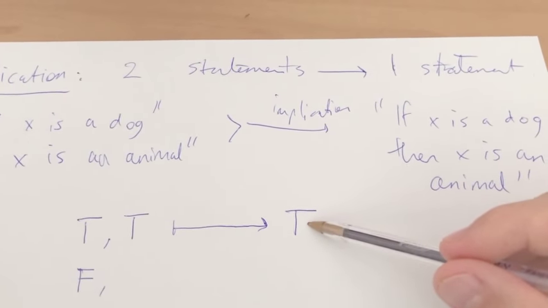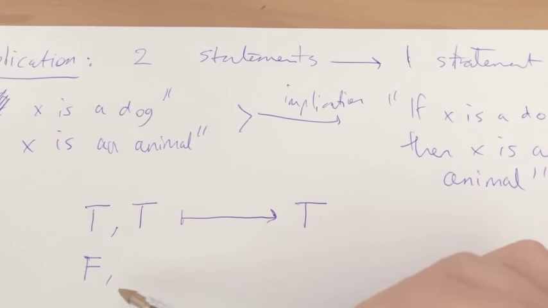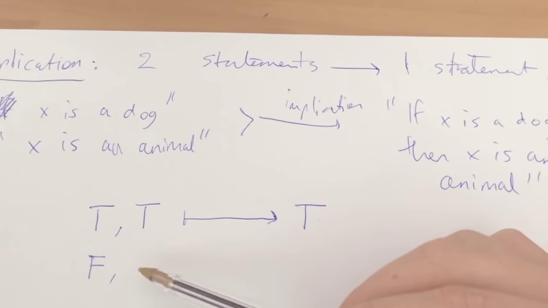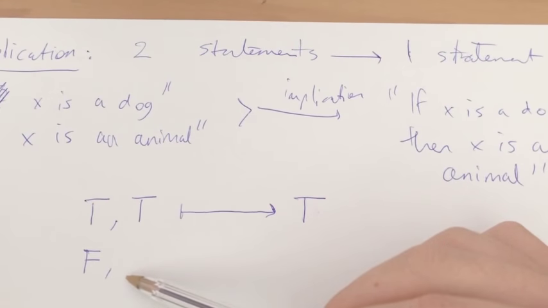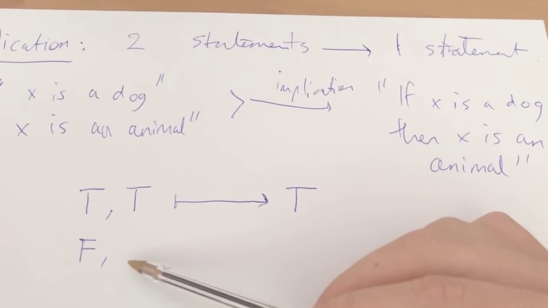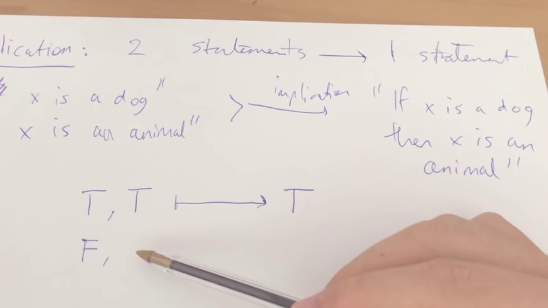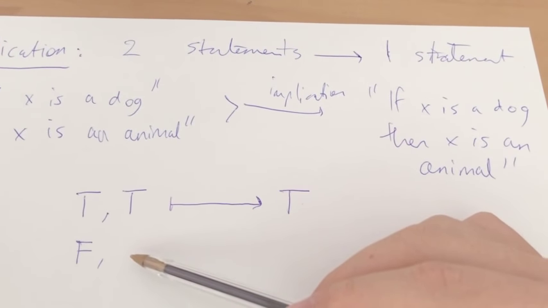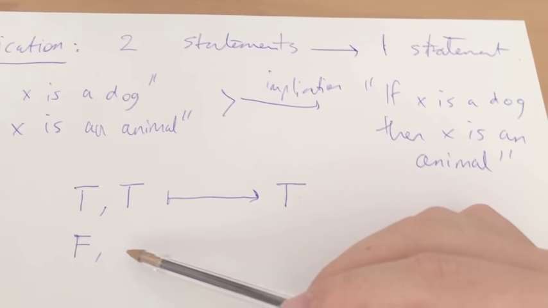And then we also said whenever X is not a dog, it could be, say, a cat, or maybe possibly a non-animal, like a plane.